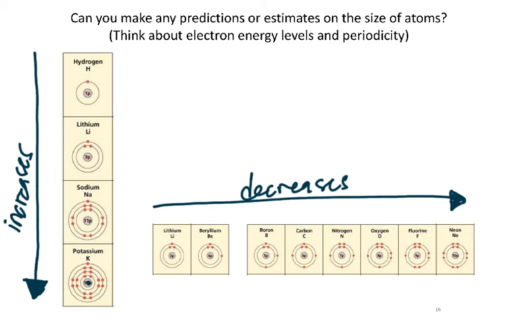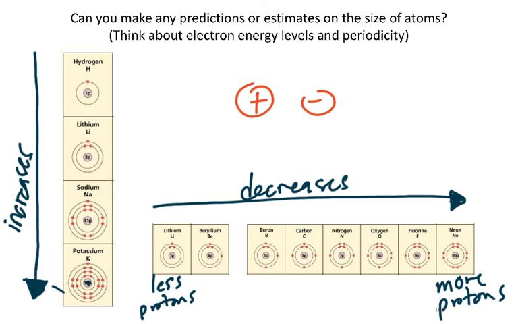Why? Well, think about what's happening in the nucleus. As atomic number increases, number of protons increases, and by the time you get to neon, there are more protons in the nucleus than there were in lithium, and opposite charges attract, right?